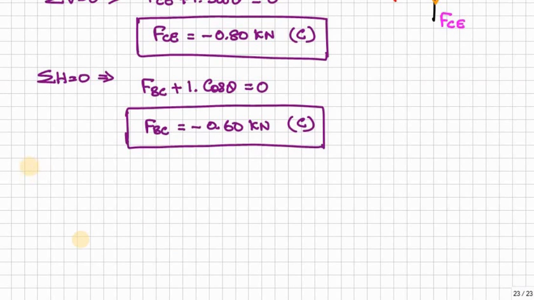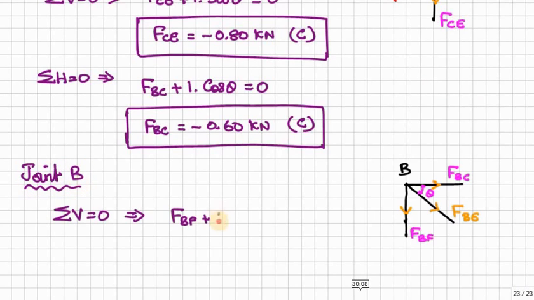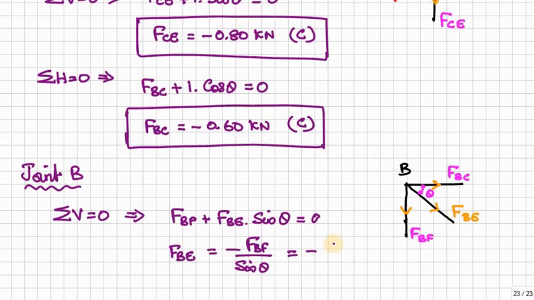Now consider joint B. So applying sigma V is equal to 0. So these values we have to list out in the table under small f1.